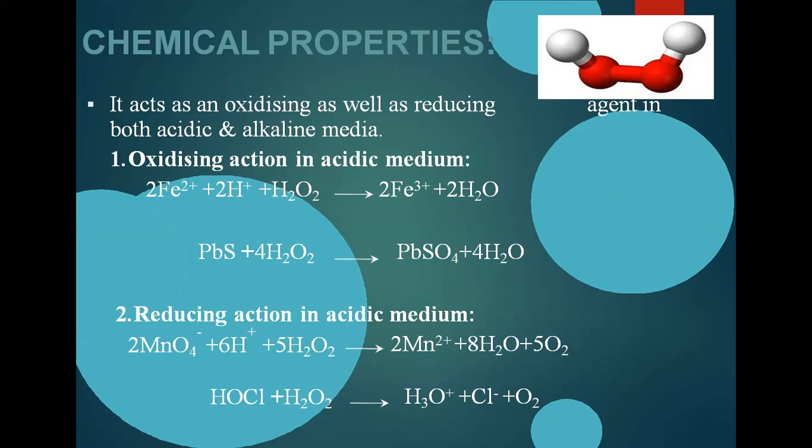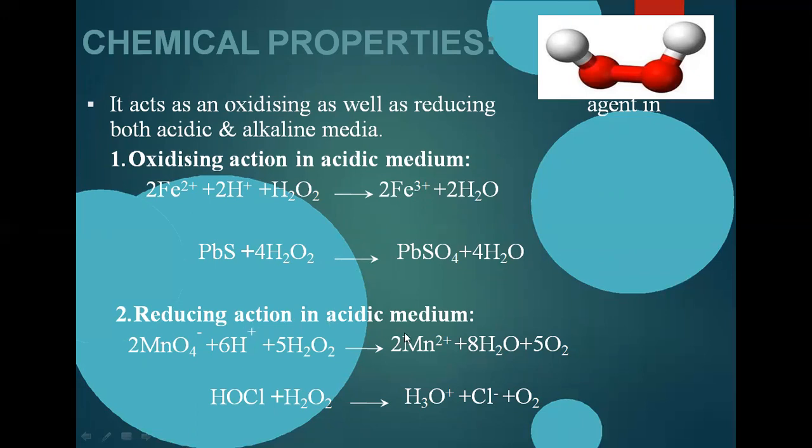Here we don't have any oxygen moving from one compound to another. Here the donation of electrons is there, acceptance of electrons is there, so this is also known as oxidation and reduction. 2Fe2 positive plus 2H positive plus H2O2 gives 2Fe3 positive and 2H2O. PbS plus 4H2O2 gives PbSO4 plus 4H2O.